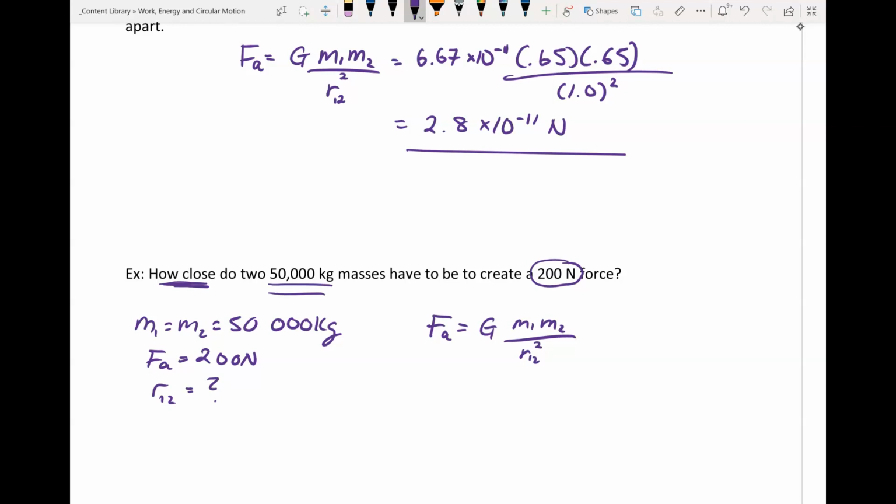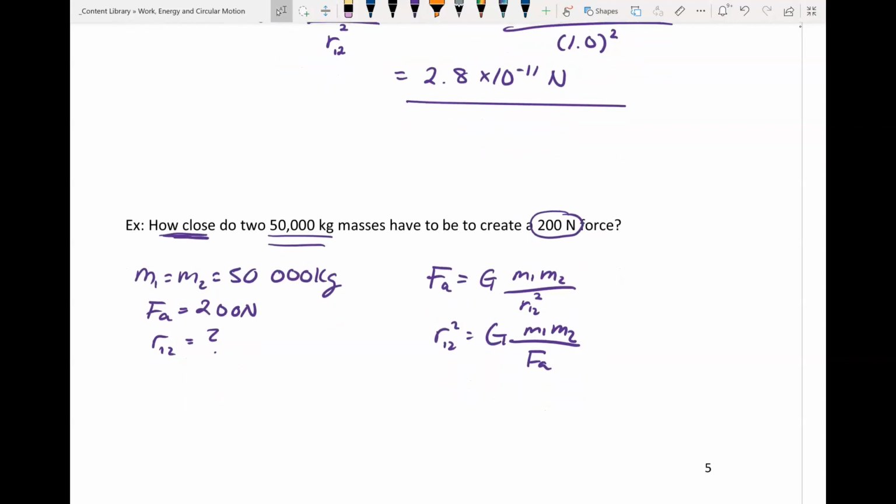I'm going to rearrange this to solve for R. So that means I'm going to multiply both sides by R squared and then divide both sides by FA. And then I'm going to square root both sides because I do want to get R by itself.